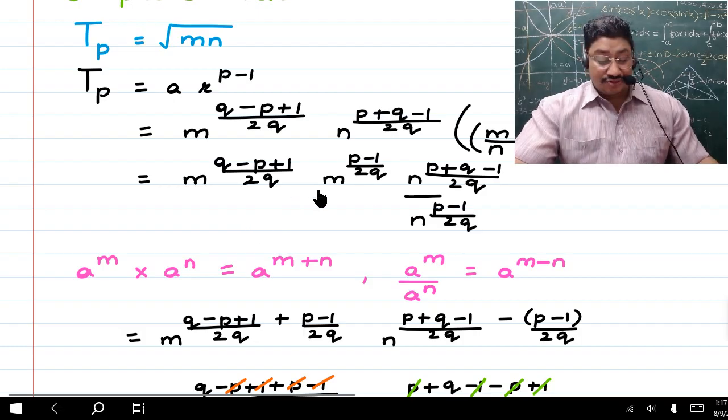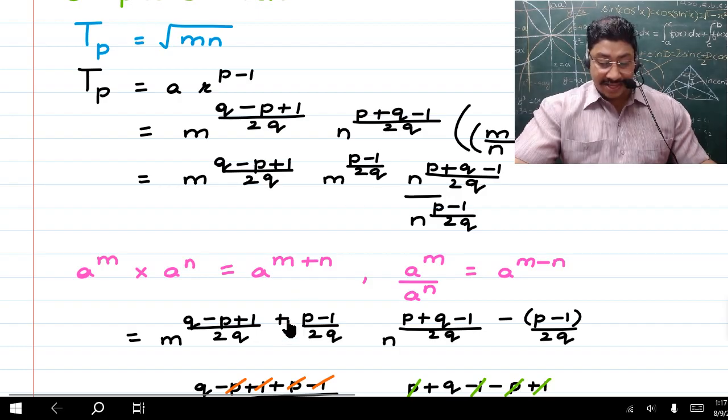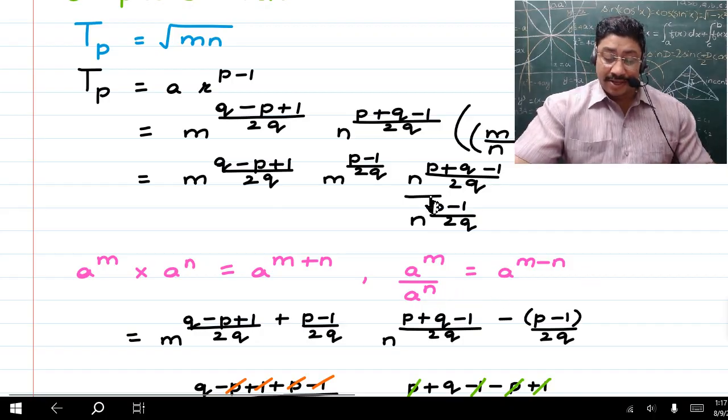That is, a raised to the power m into a raised to the power n becomes a raised to the power m plus n. As such, both of these powers will get added, something like this. And as we have a raised to the power m divided by a raised to the power n to be equal to a raised to the power m minus n, so keeping the base n to be the same, from this fraction we'll be subtracting this fraction.